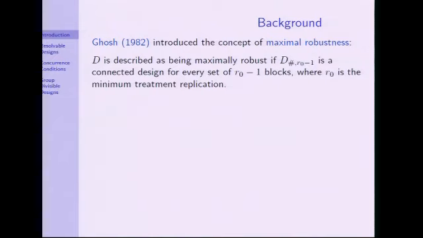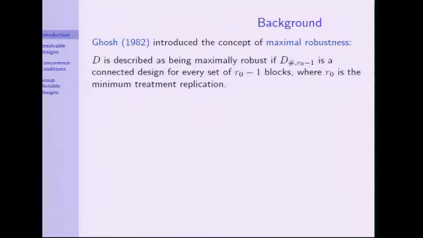Now, the first work I found on this was by Ghosh in '82. He introduced the concept of maximal robustness, and he described a binary incomplete design D as being maximally robust if you can lose any R0 minus 1 blocks and end up with a connected design.